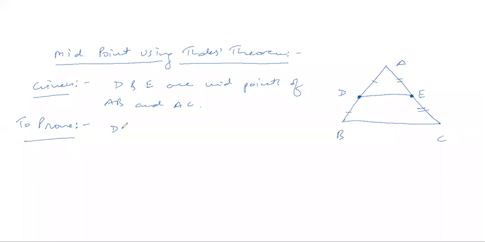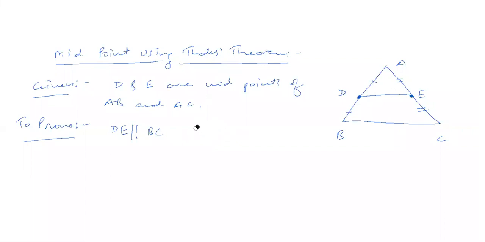We have to prove that DE is parallel to BC, and also we have to prove that DE is half of BC. Okay, so this is what we have to prove just now. Okay, so let's prove this, and this is, I think, written by mistake.